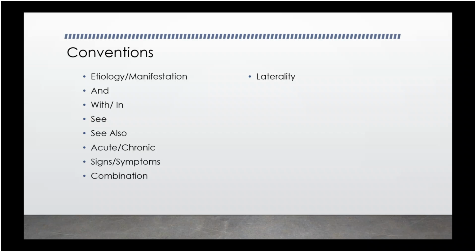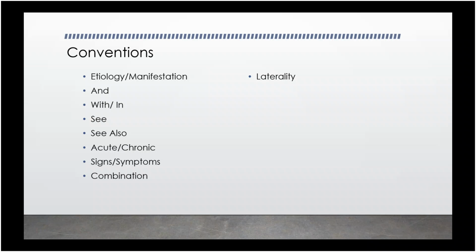The reason you want to assign the acute is because the acute exacerbation is what brought the patient here today. A patient can have a chronic condition and not have a reason to present to the doctor's office or the emergency department for treatment. An acute exacerbation is what prompted them to come to the visit today. So we want to sequence those first.